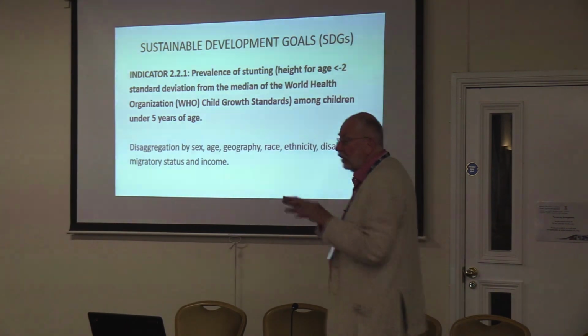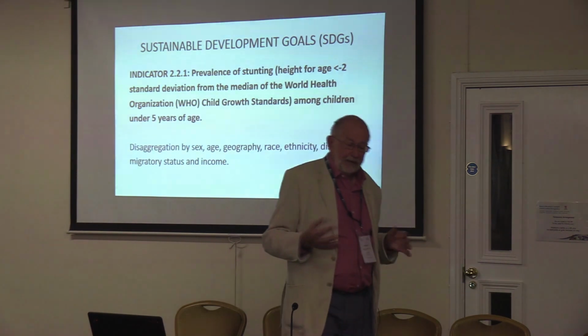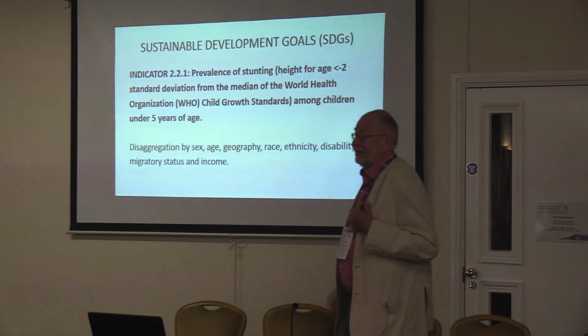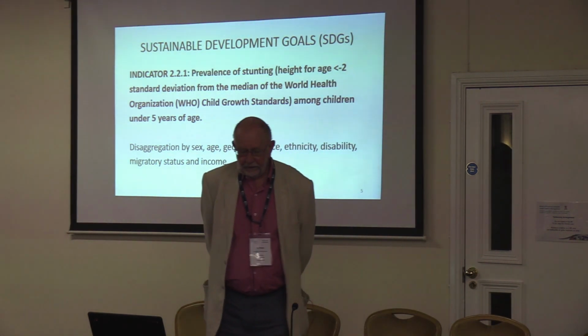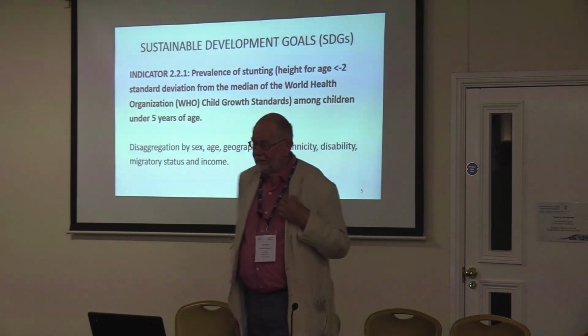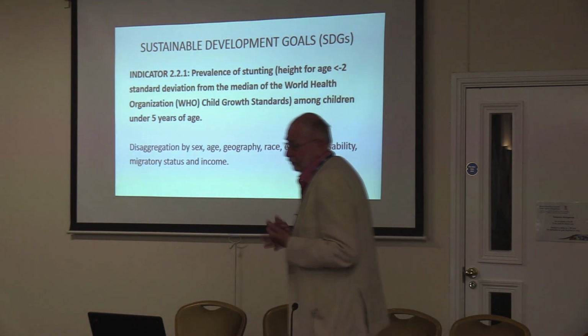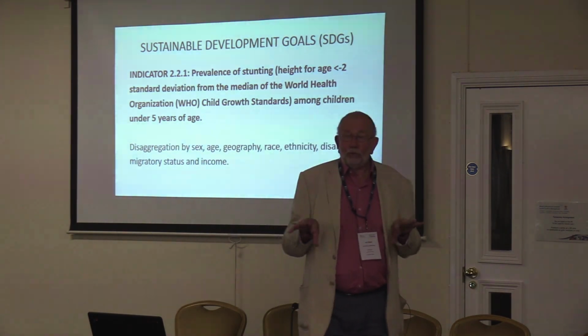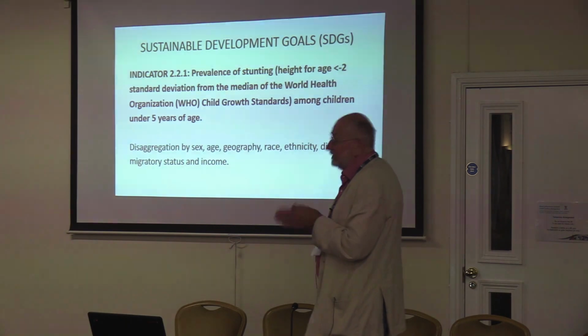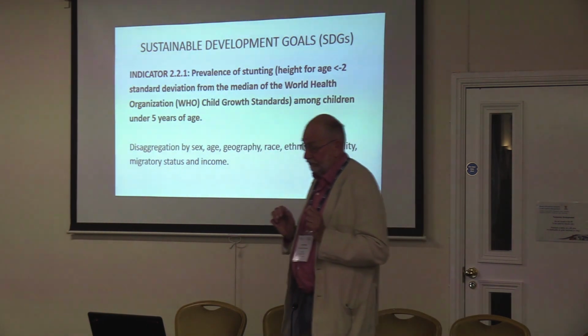So if these are effective when they're rolled out, in other words, let us assume that the trials have shown that these programs work on the groups they've been tested on, to the extent that it is now expected that they'll be rolled out, and I think Edward was talking about the long chain from the initial idea to its finally being rolled out, or sometimes it's called mainstreamed, then we would expect to see those effects showing up in these kinds of indicators. So it seems to me that we should be able to use the indicators that are part of the Sustainable Development Goals as a way of monitoring the effectiveness of these programs in the longer term.